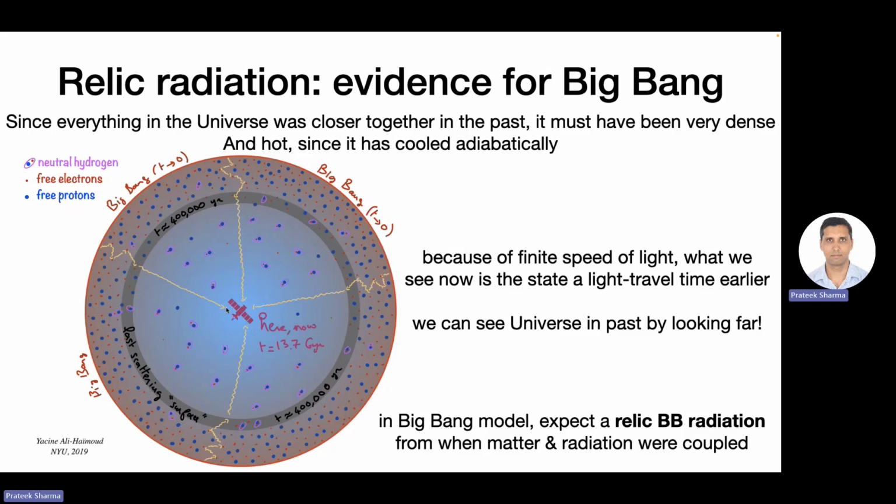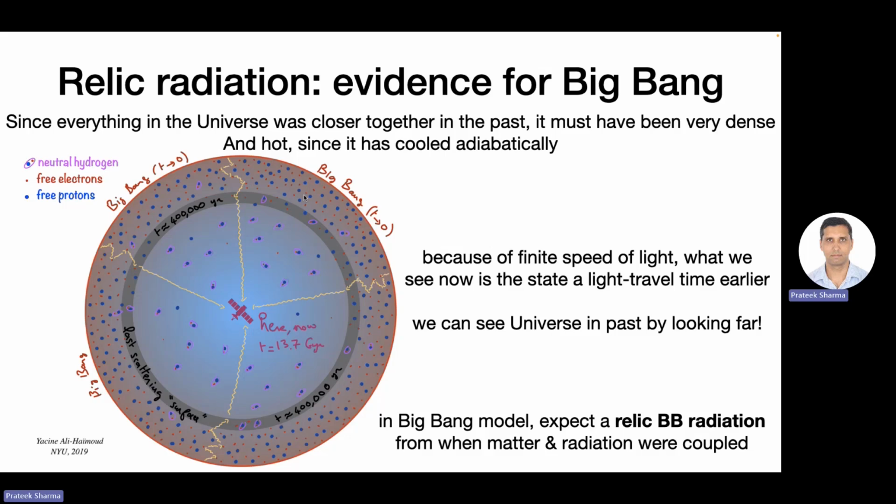This is your, say, WMAP or Planck satellite, which is trying to figure out whether there is a relic radiation or not. And you're looking in all directions of the sky and trying to get photons coming from as far as you can. What is shown here is, okay, so these blue balls and the red dots are basically protons and electrons. So early on, the universe was dense and hot.